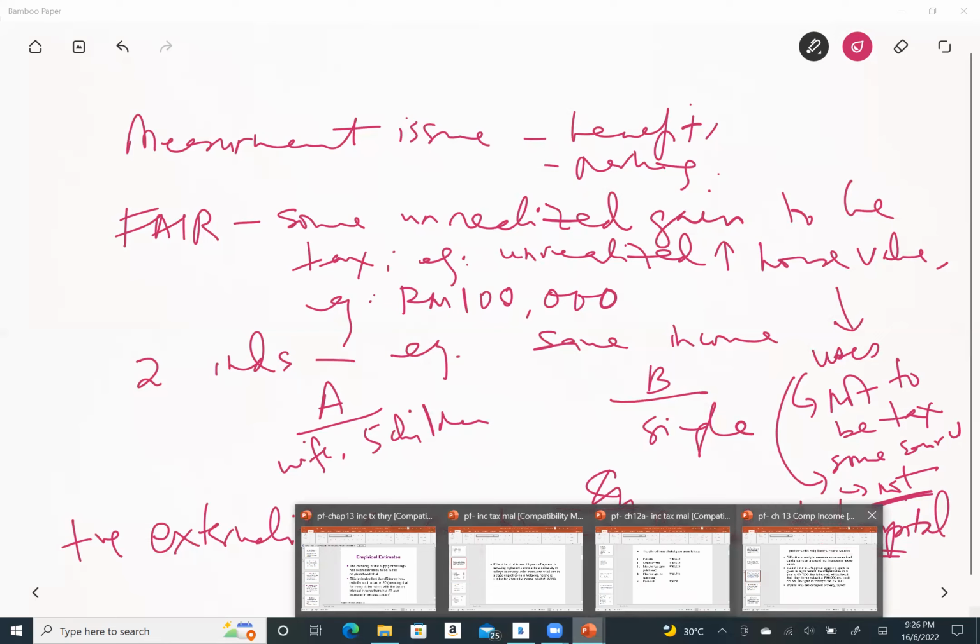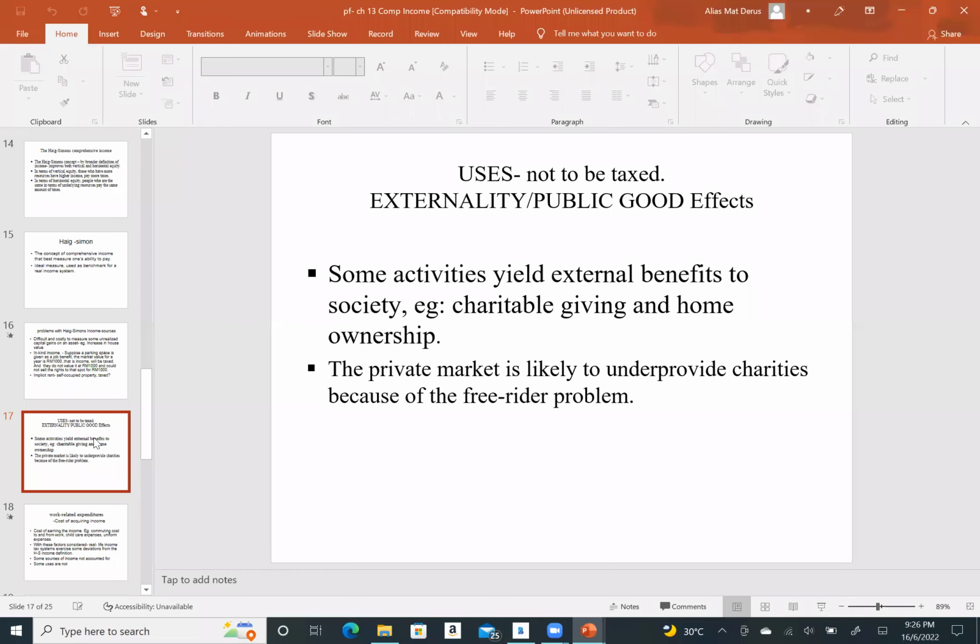Okay. Some of this I already mentioned, some I haven't, so we go through. Now, some activities yield external benefit to society. That means from your income you spend, some uses of the income create external benefit, positive activities. For example, charitable giving, your charity, donation, a gift to a museum, things like that.